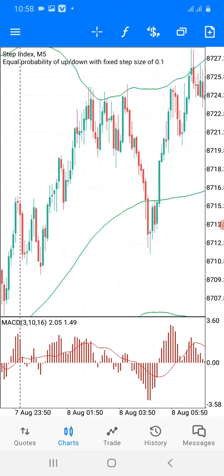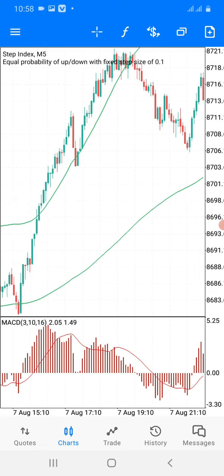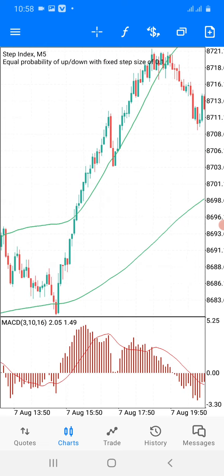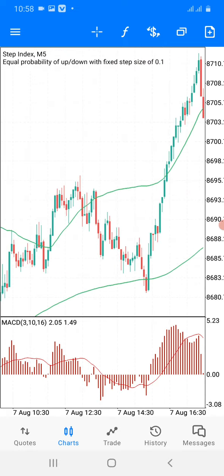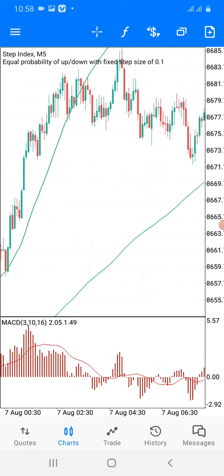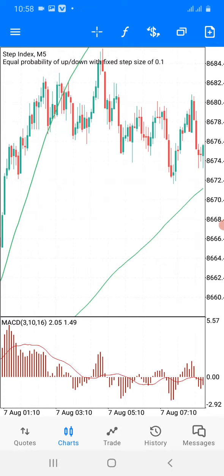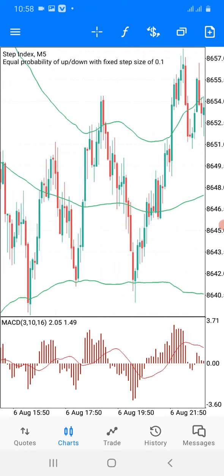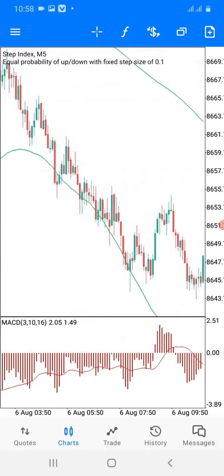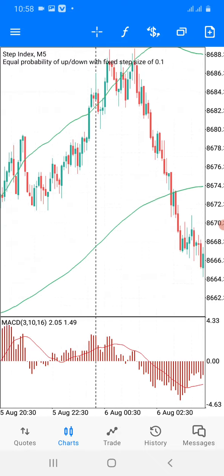So let's try to identify some of these divergences from our main chart and see how they play out. Okay, this is the M5 time frame.